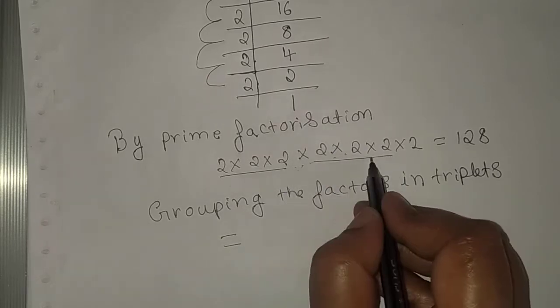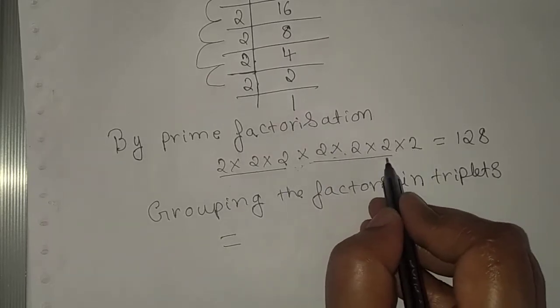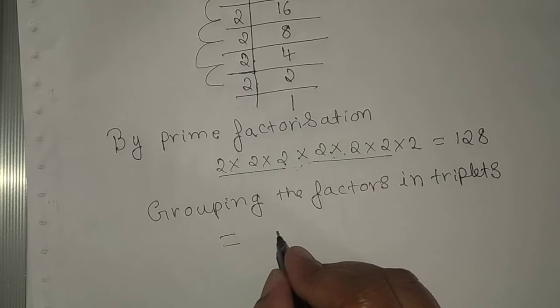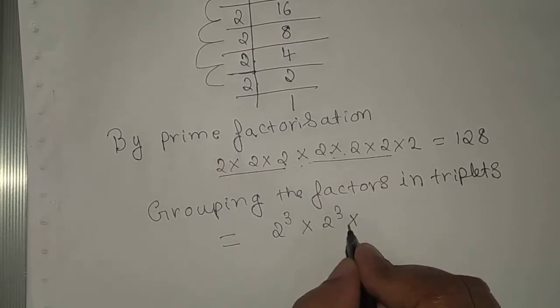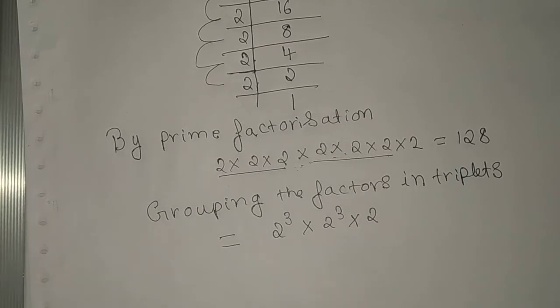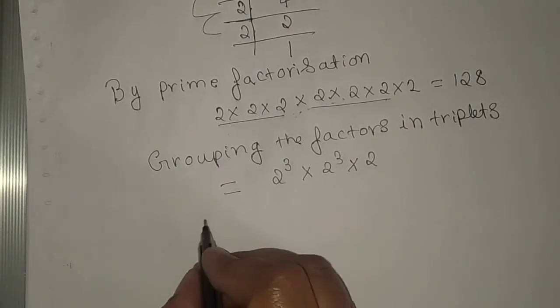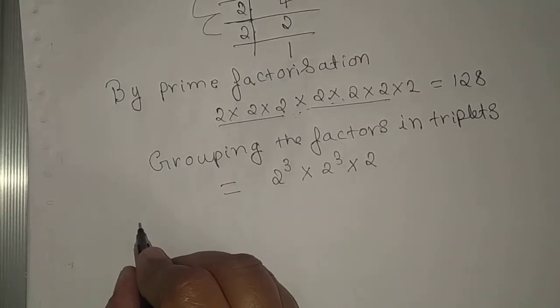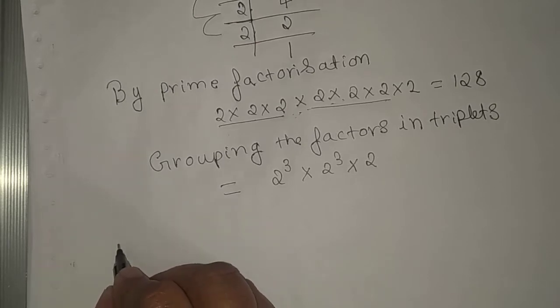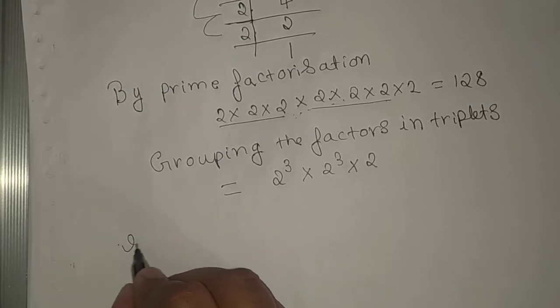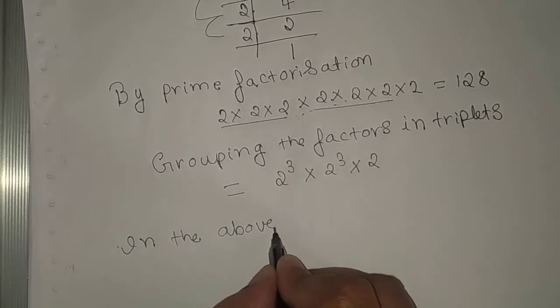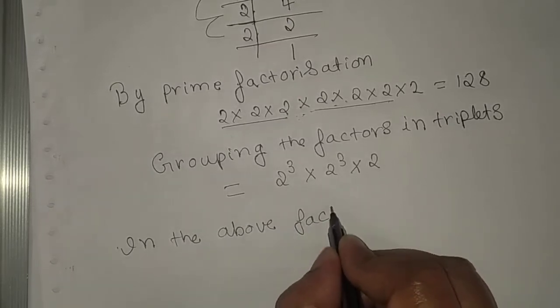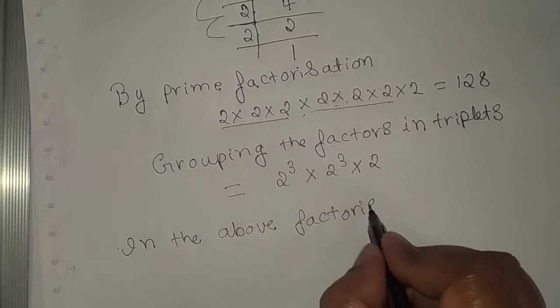So we have two groups of 3 numbers and one is left out. So can we write that is 2 cube into 2 cube into 2. One 2 is left out, write it separately. So the next step is, in the above factorization, in one line we have to write the above factorization.